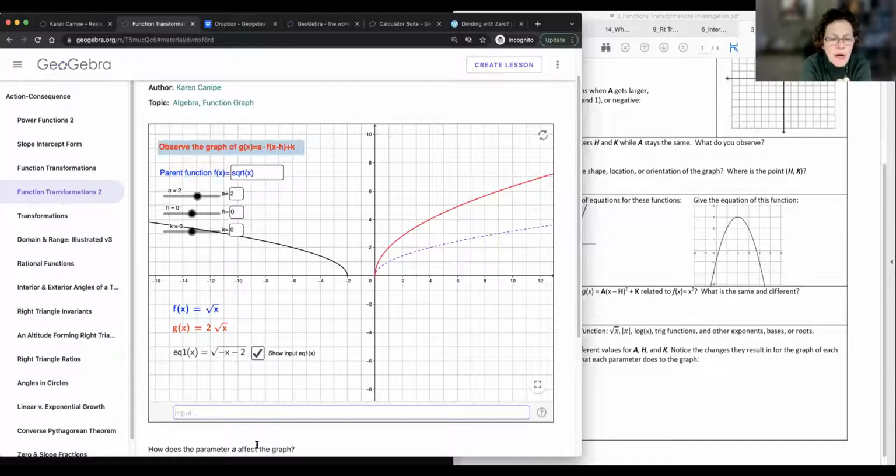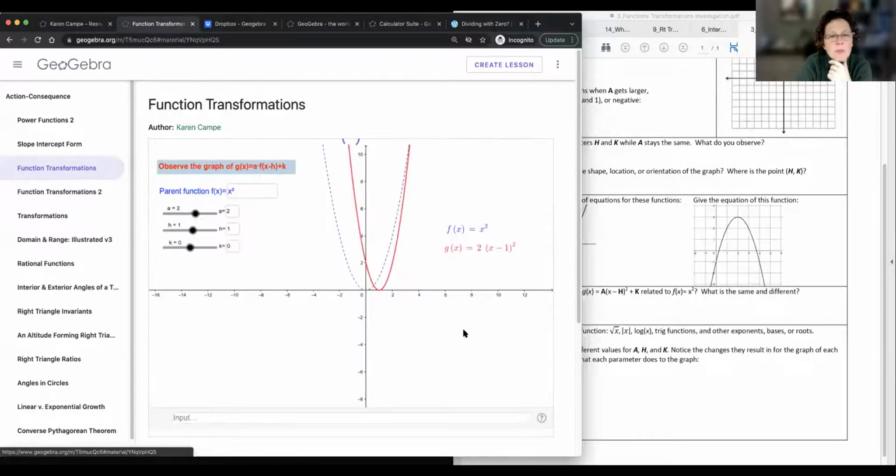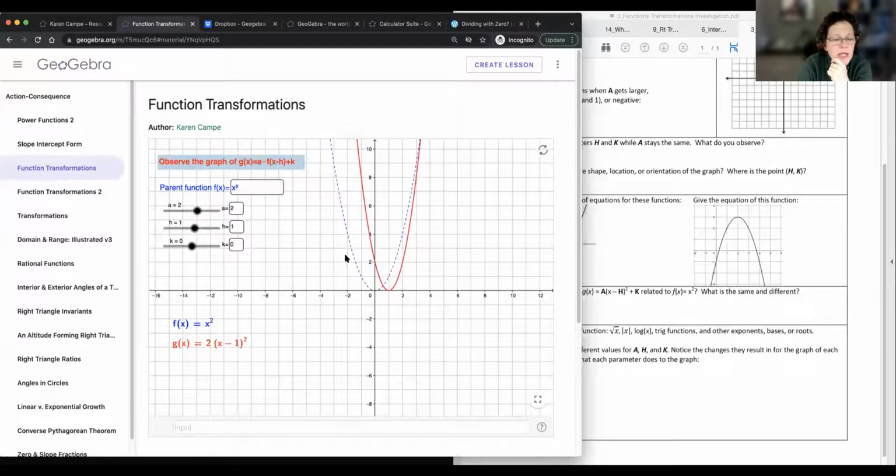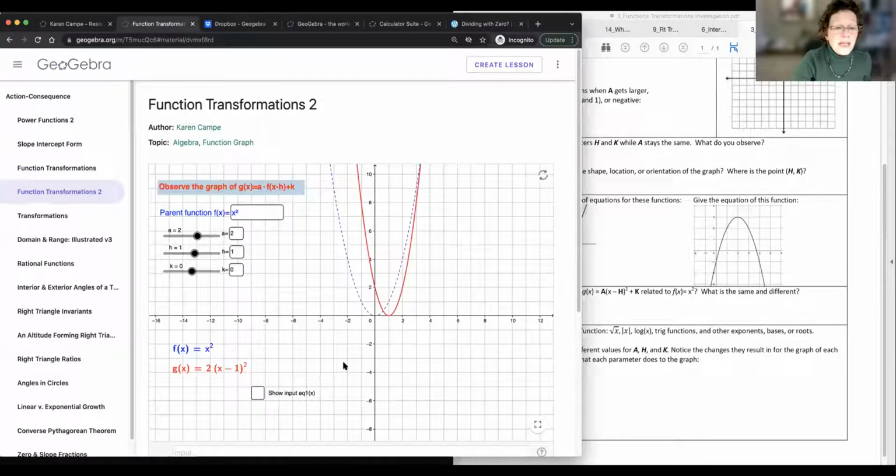So there's a lot of detail that I might want to work on with my students with this idea of b. For the most part, with Algebra 2 students, Algebra 1 students, I'm just going to stick with A, H, and K in my function transformations 1, but function transformations 2 gives us an opportunity to show that input equation.